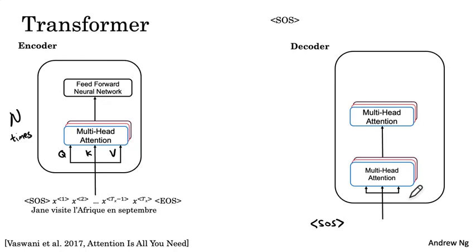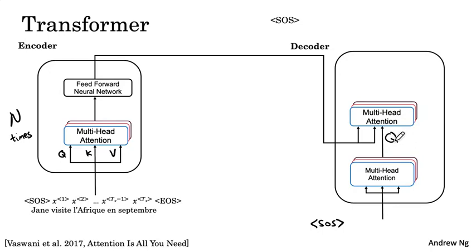This first block's output is used to generate the Q matrix for the next multi-head attention block, and the output of the encoder is used to generate K and V. So here's a second multi-head attention block with inputs Q, K, and V as before.